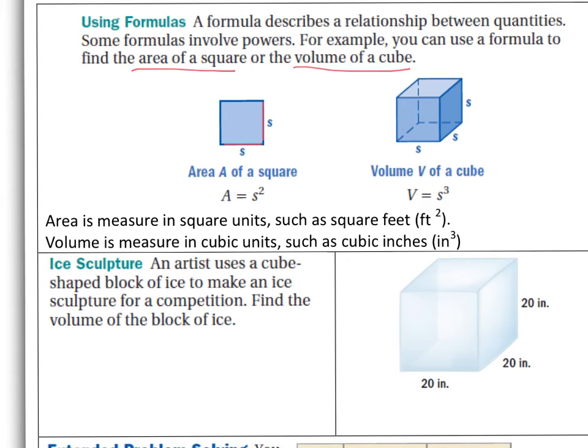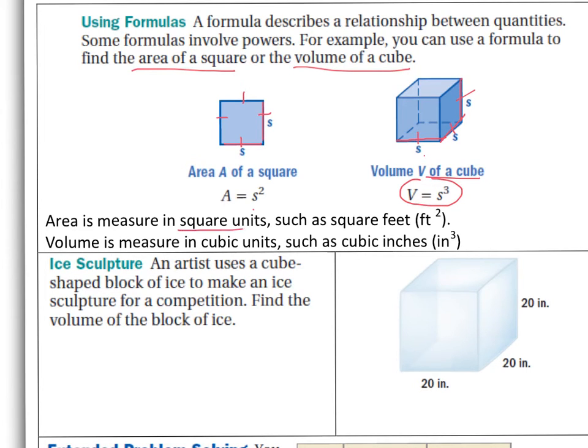Remember, all sides of a square are all congruent, equal. So A would just be equal to S squared. And for the volume of a cube, you would take the length times the width times the height. And they all happen to be the same length, so we could just represent that as S. And there are 3 S's, so volume equals S cubed.